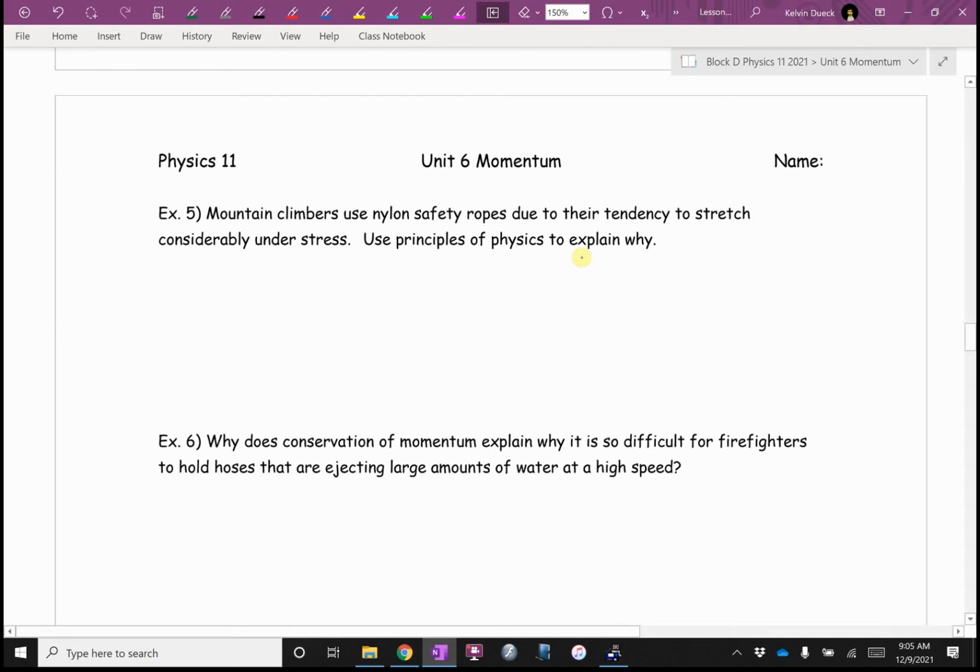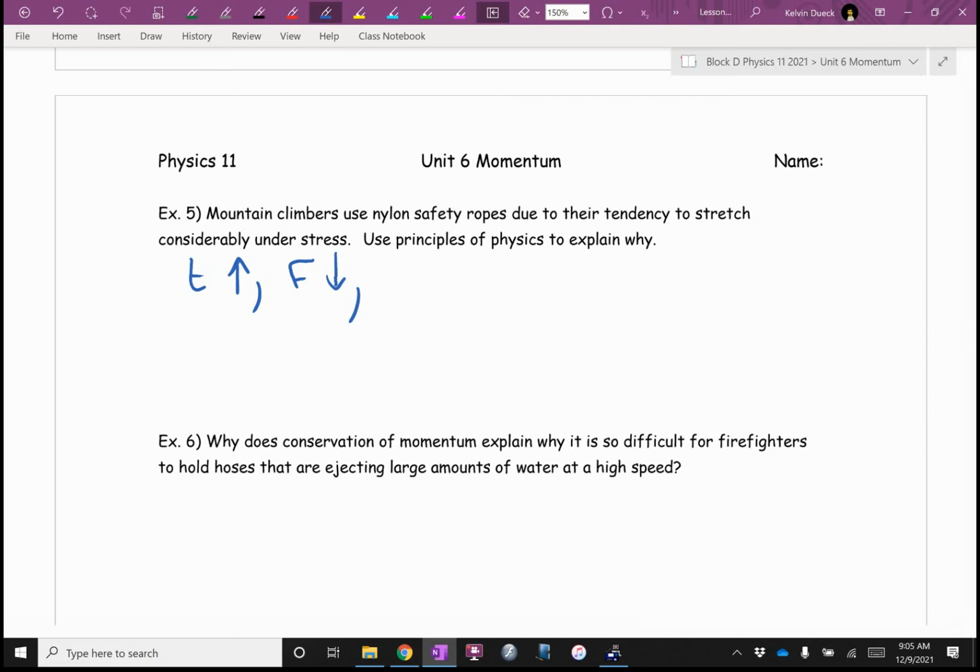Shock, I like the concept, but shock is not a physics word. Can you say it in terms of physics concepts? Okay. Time increases. What does that do? If we think about it in terms of impulse, and okay, if we reduce the force, what does that do? What does that make smaller?